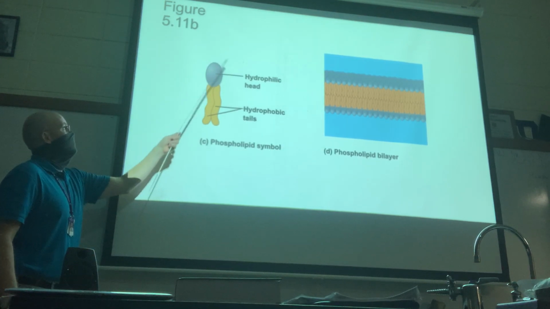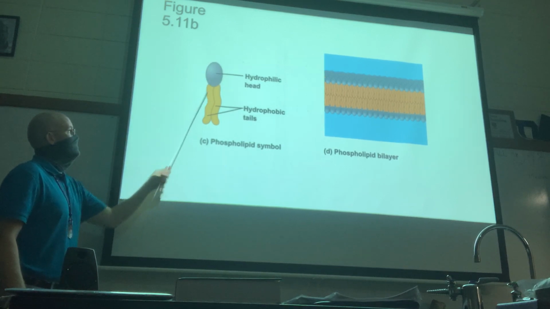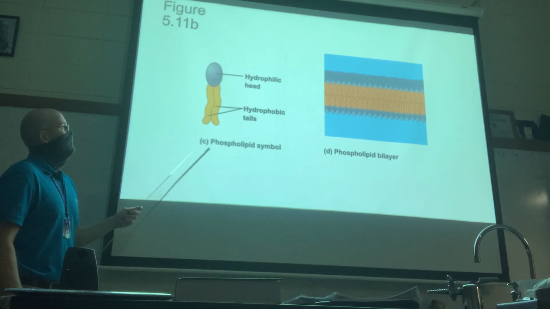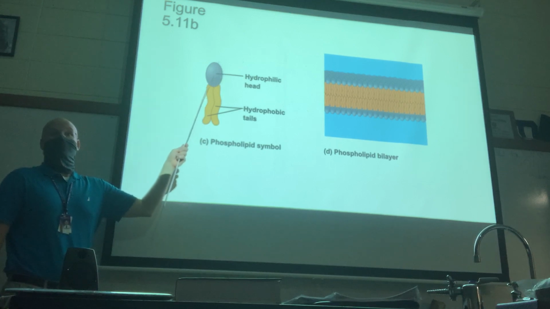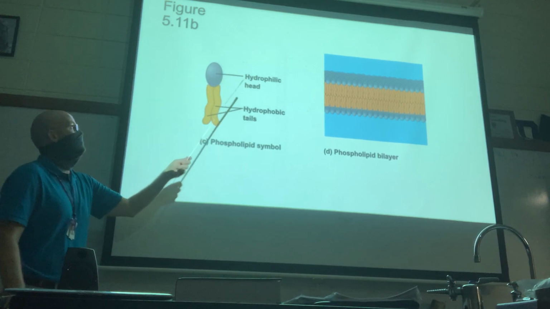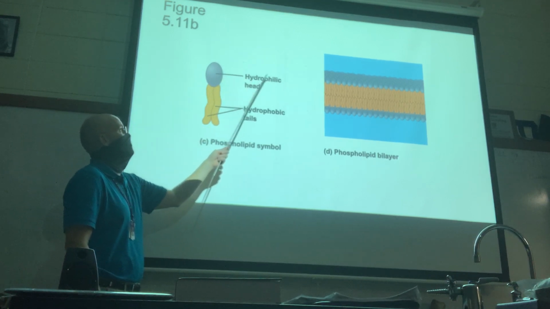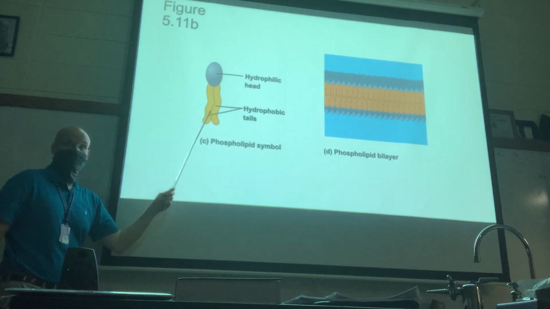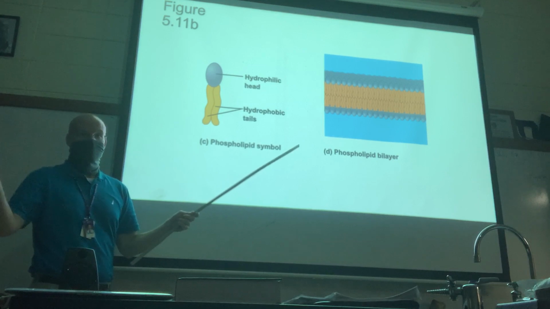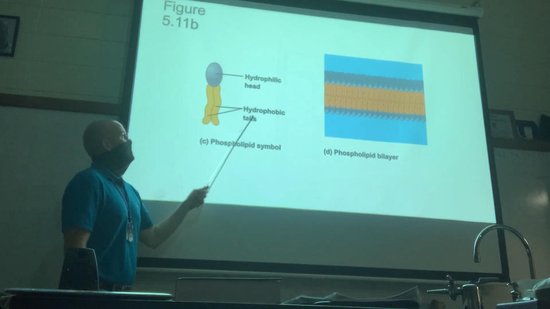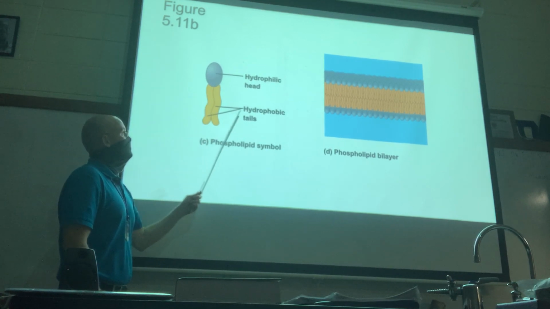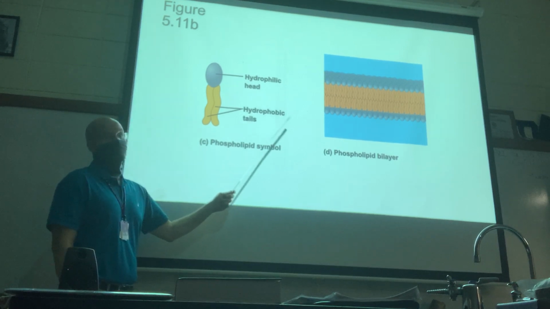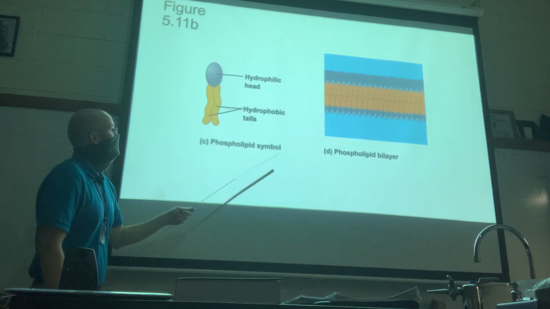Again, a phosphate group with fatty acid tails coming off. The phosphate group likes water. So you've seen this term in your reading, hydrophilic, water-loving. Fats are, as you know, water and fat doesn't mix. And the fatty part of the molecule is water-fearing, hydrophobic.